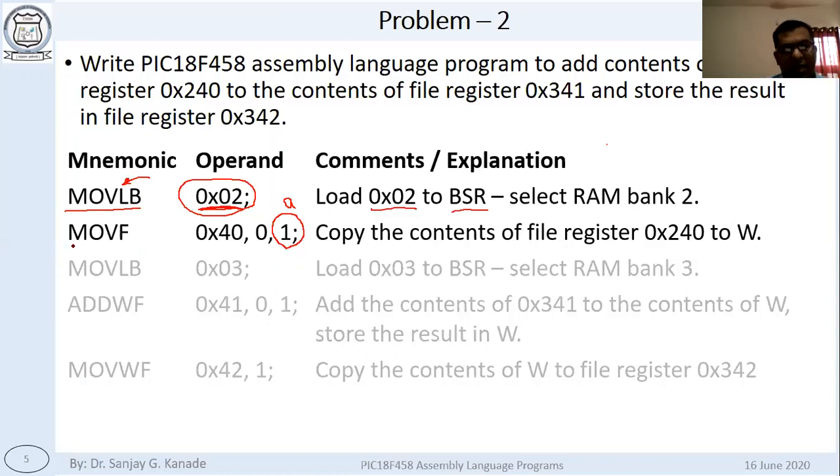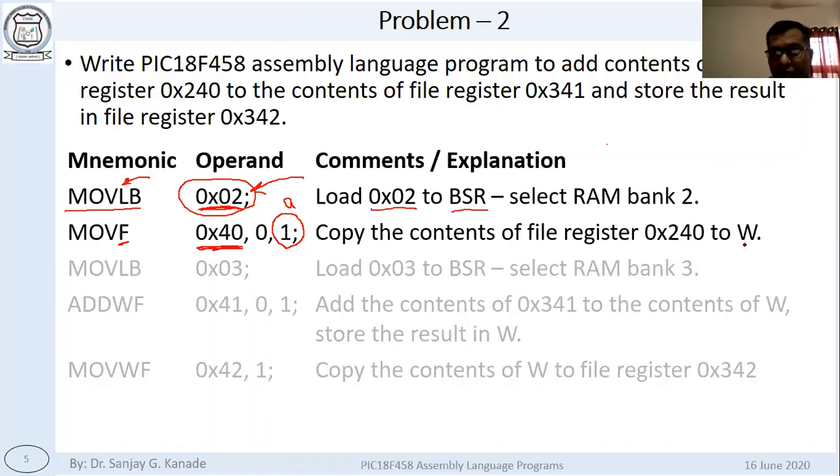The instruction is the same as before. MOVF means this instruction is going to copy the contents of F. Now F is 0x40. Okay, you may say that it is the same register, but it is not. It is 40 from bank 2, register 40.